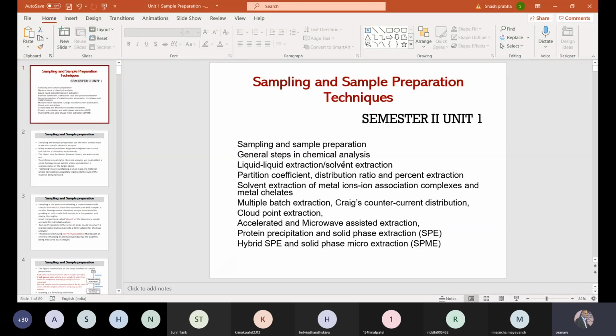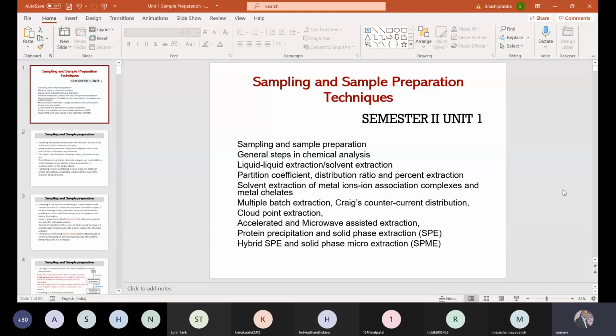And for that we have liquid extraction or solvent extraction, then we have solid phase extraction, Craig's countercurrent extraction, hybrid solid phase extraction, solid phase micro extraction, accelerated extraction, microwave assisted extraction, and protein precipitation.